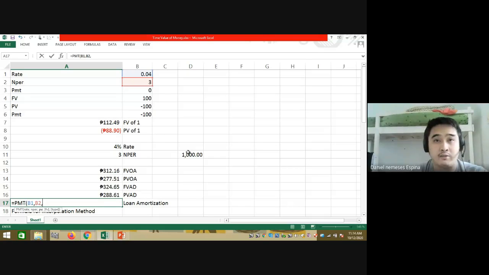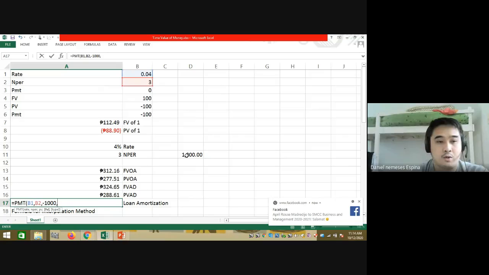Okay, because you are receiving it now. But since this is cash outflow, it is expressed in negative terms. So negative 1,000. FV is 0. Then type.